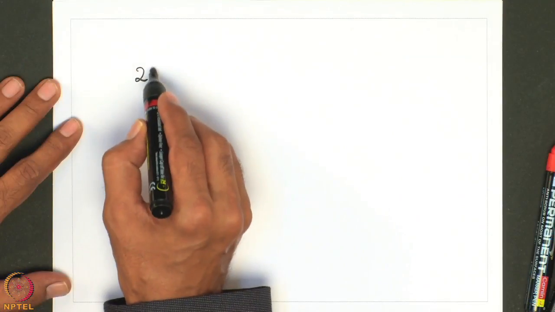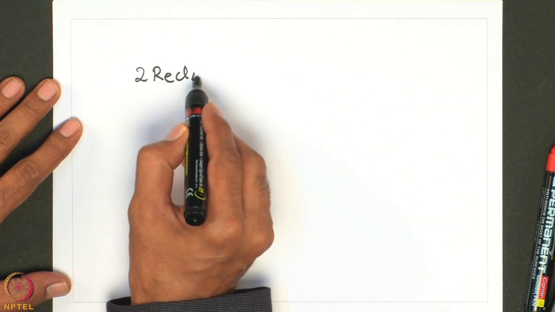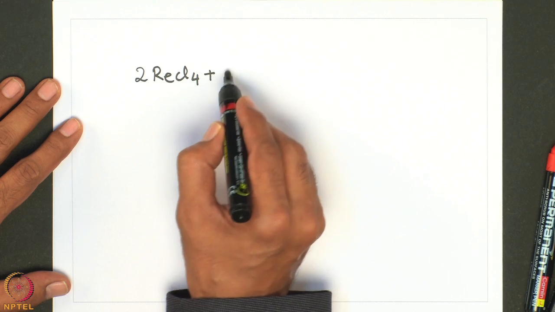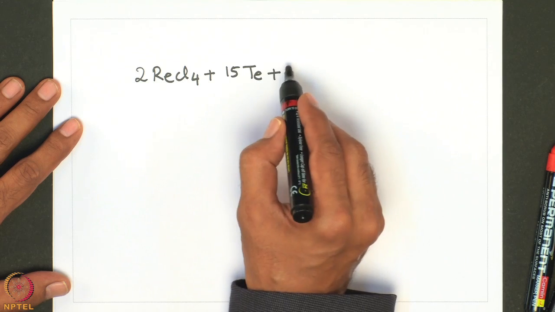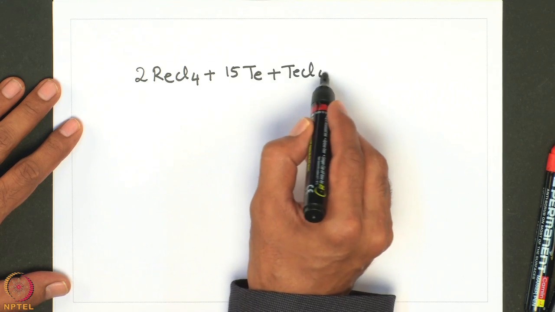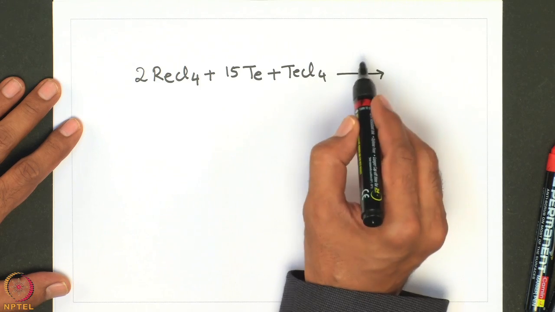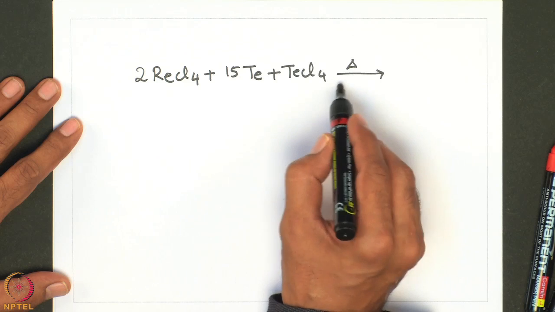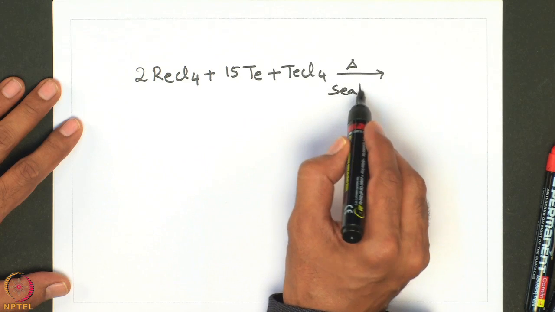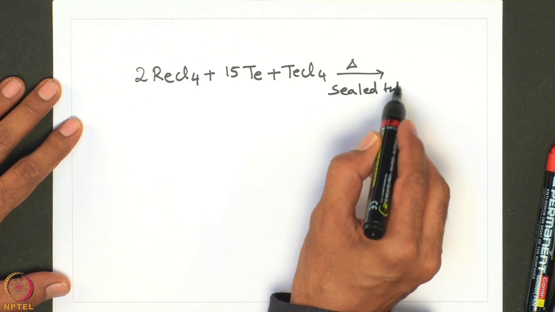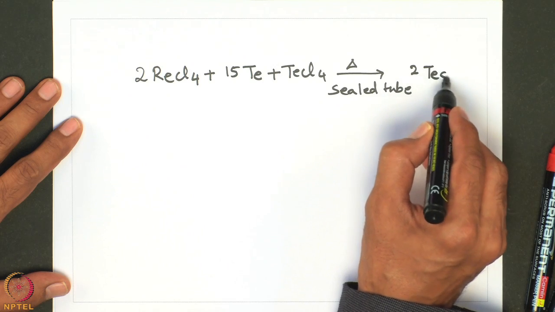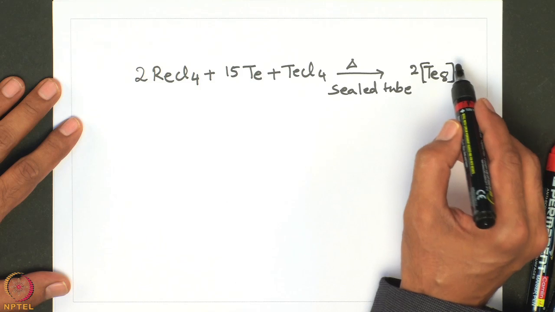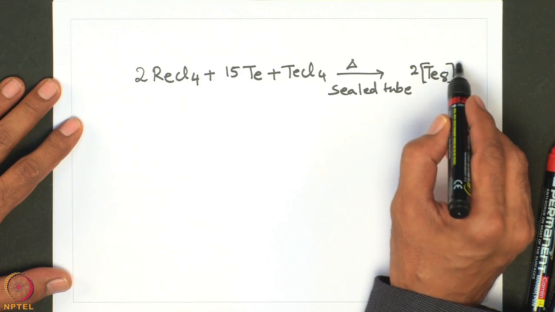For example, rhenium tetrachloride when it is treated with tellurium in presence of tellurium tetrachloride, of course, this reaction has to be carried out in a sealed tube. It leads to the formation of Te8 dication.